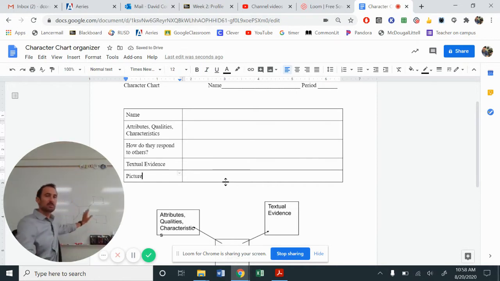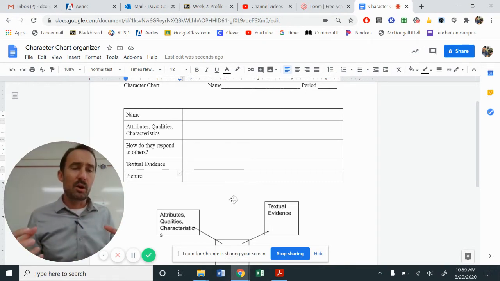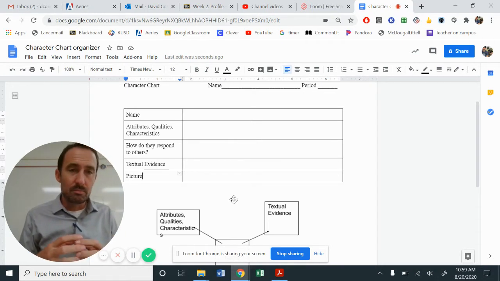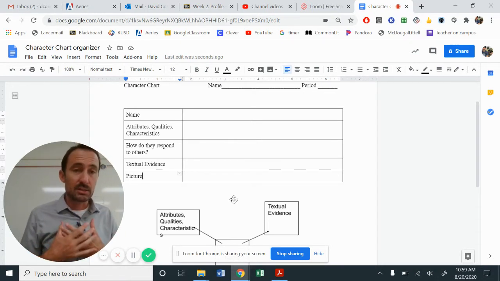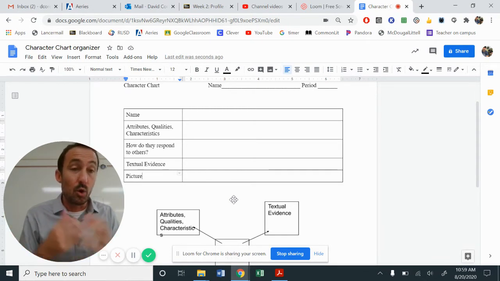I'm going to be marking up some stuff back here as well so we can see how this works. Really pulling apart a character helps us to understand who he or she is. Just like I'm not just a teacher, there are multiple facets of me, just like you are not only a student.